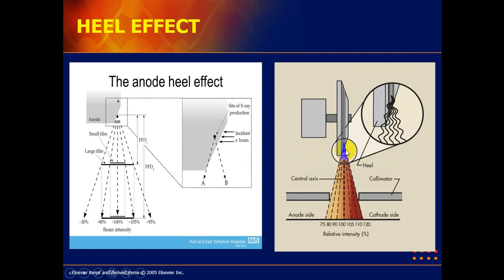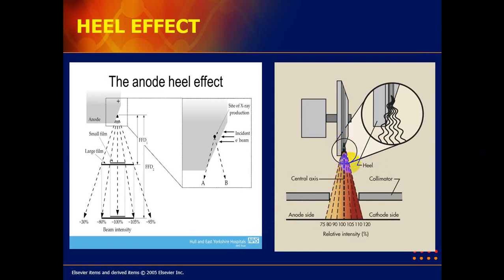Diba? Walang magi-interfere papunta sa image receptor sa cathode side. Sa anode side naman, yung mga photons, it will still travel through the target. So, magkakaroon siya ng lesser intensity. So, the anode heel effect happens when the cathode has higher intensity compared to the anode side.